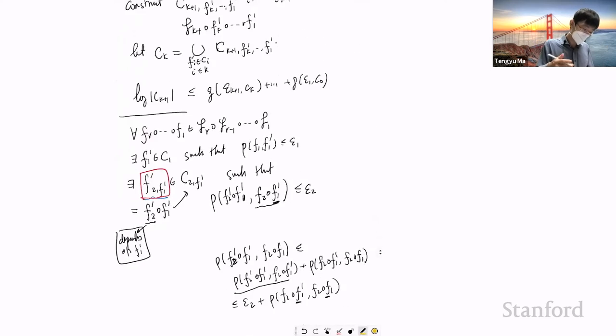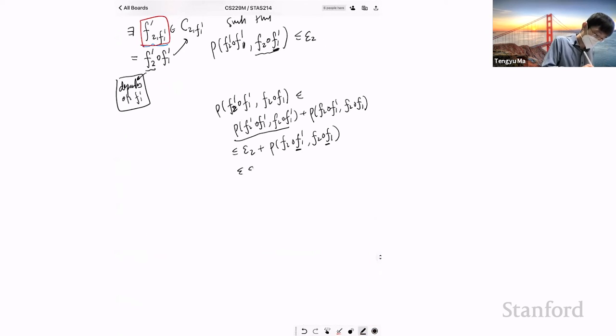So that's why you have to use the Lipschitzness to say that this is less than epsilon 2 plus kappa 2 times rho of f1 prime, f1, which is less than epsilon 2 plus kappa 2 times epsilon 1. That's how you bound the covering radius for the second layer. Any questions?